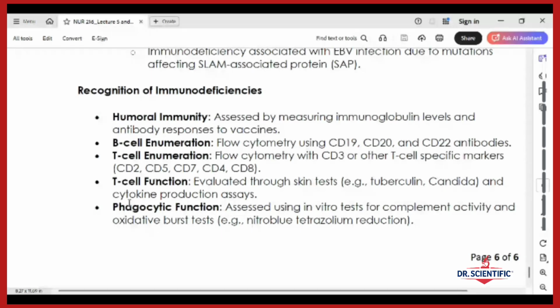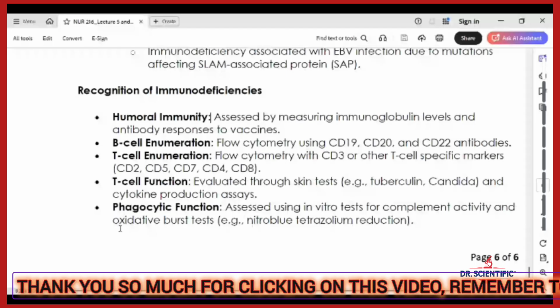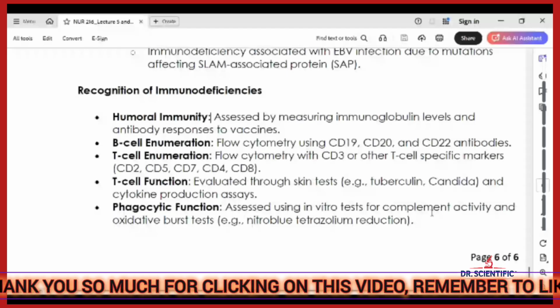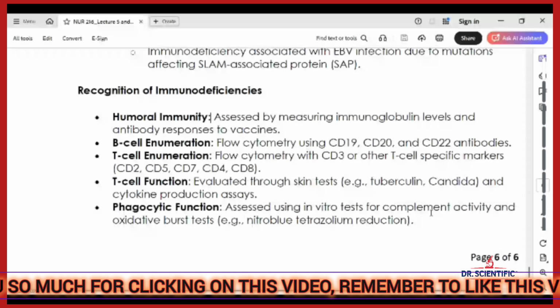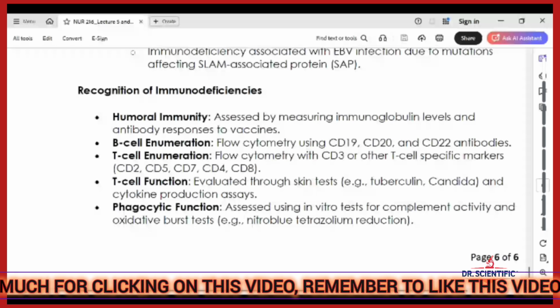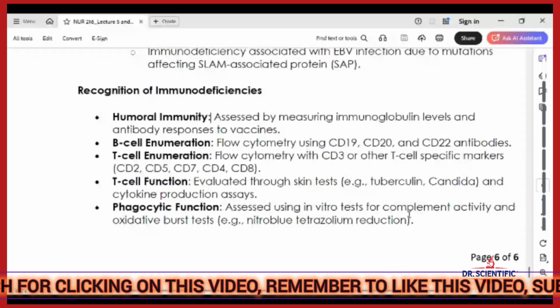Phagocytic functions, we can also do laboratory experiments and see whether these phagocytes are able to work properly. In vitro tests, we can do them to see whether the phagocytes that are being generated by the body are able to do their phagocytic functions. Are they able to interact with complement, for instance? And once complement creates an opsonin, are they able then to phagocytose it?